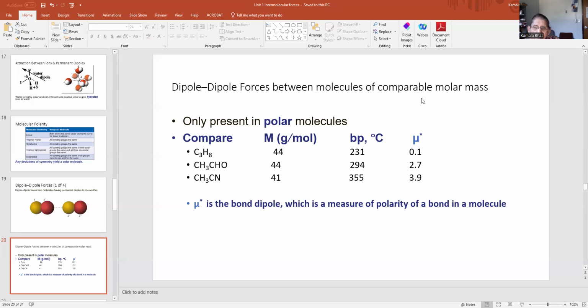Then acetaldehyde, CH3CHO, 44, again, boiling point 294, 2.7, and methyl cyanide is 41, 355, and 3.9. The mu is the bond dipole, which is a measurement of the polarity of a bond in a molecule.